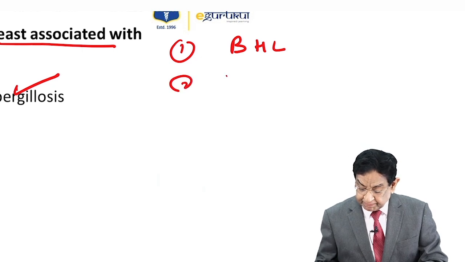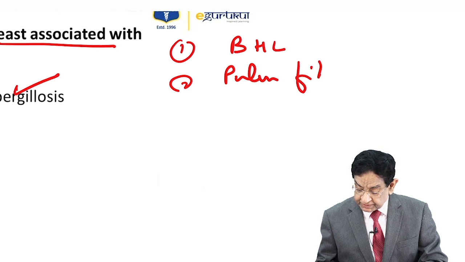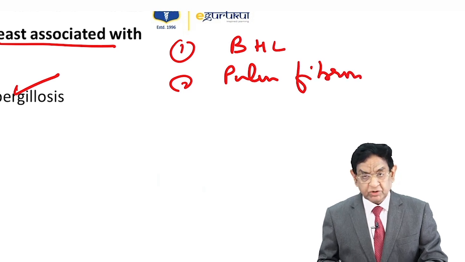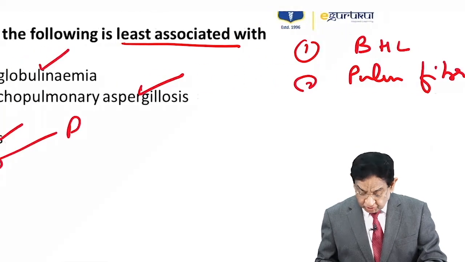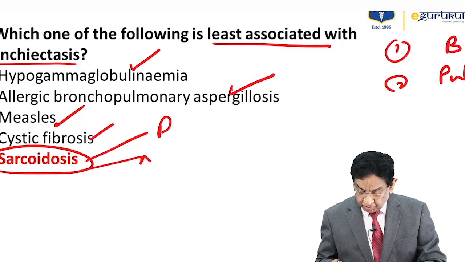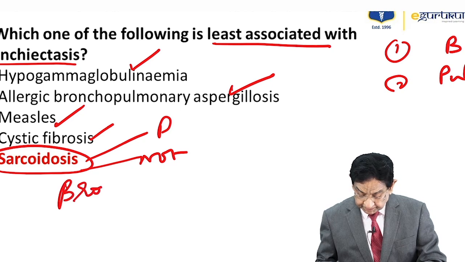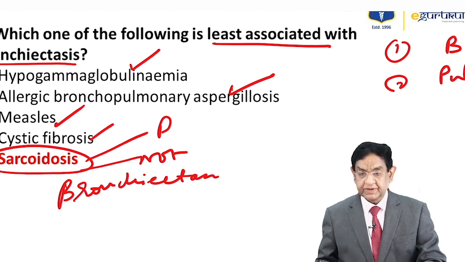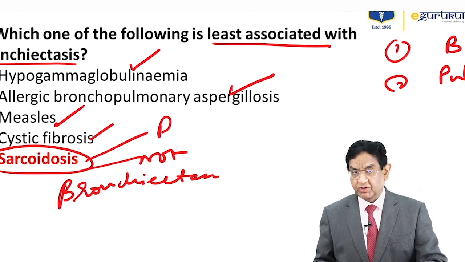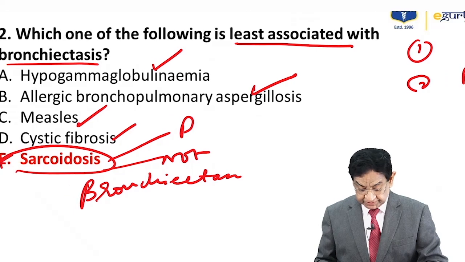Later on, there can be pulmonary fibrosis. It does not lead to bronchiectasis. In a nutshell, it is a cause of restrictive airway disease, not a cause of obstructive airway disease.